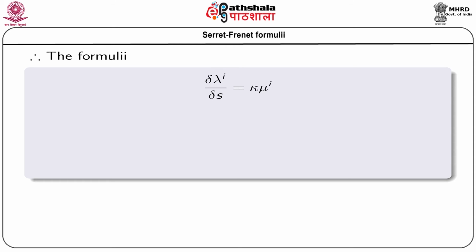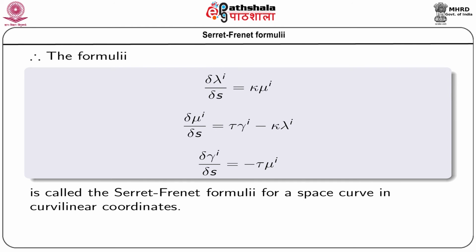Thus, the formulae ∂λ_i/∂s equals κμ_i, ∂μ_i/∂s equals τγ_i minus κλ_i, and ∂γ_i/∂s equals minus τμ_i are called Serret-Frenet formulae in space for a space curve in a curvilinear coordinate system.